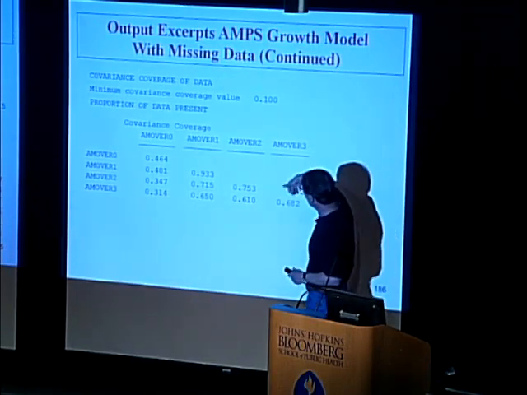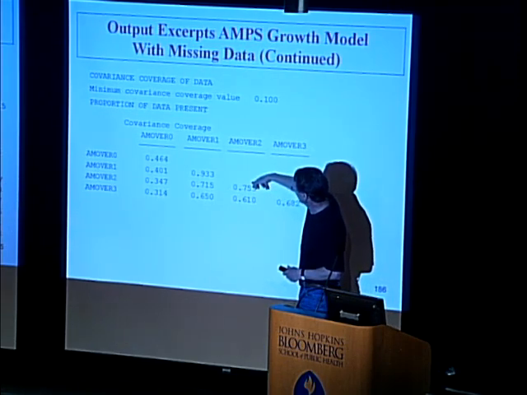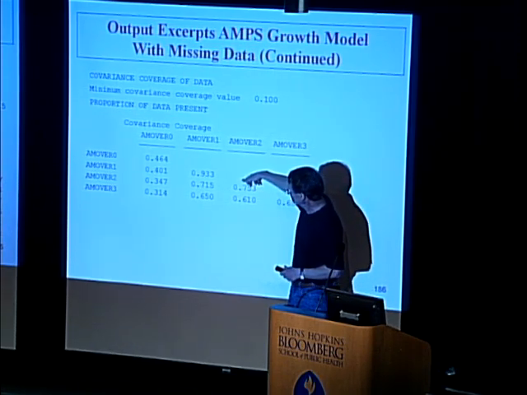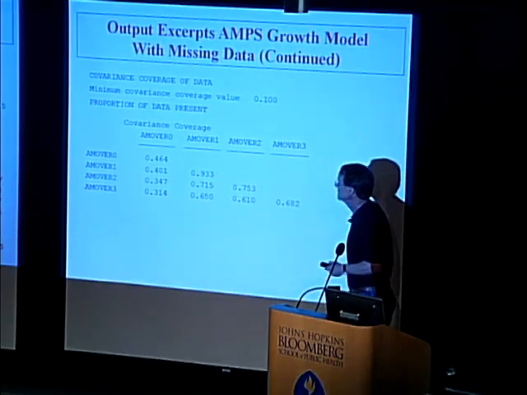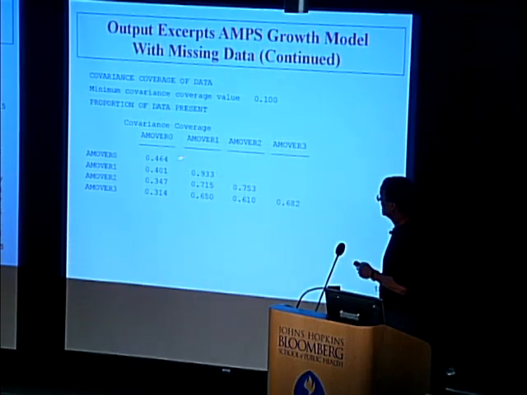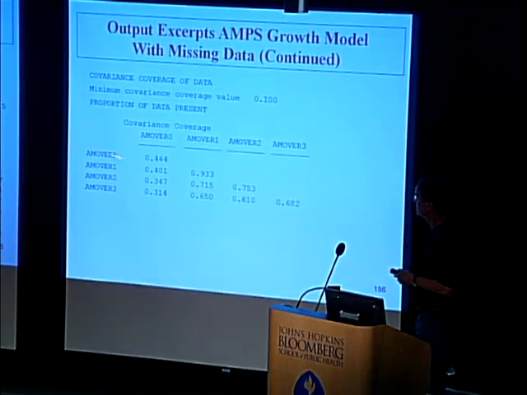You see the coverage is a little higher at the previous time point and higher still at the time point before that. And now the coverage at M over 0 is 46. 46% of the sample has M over 0 observations.